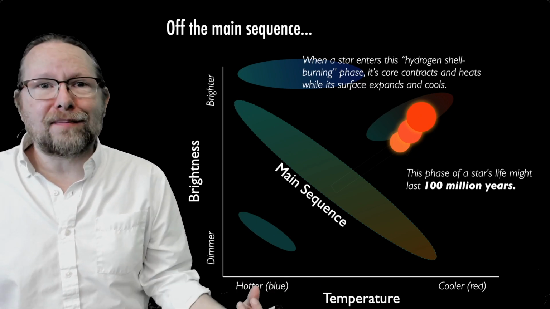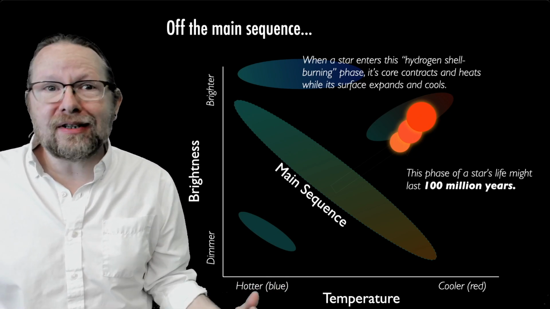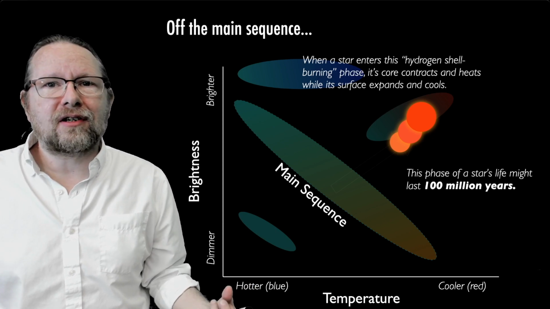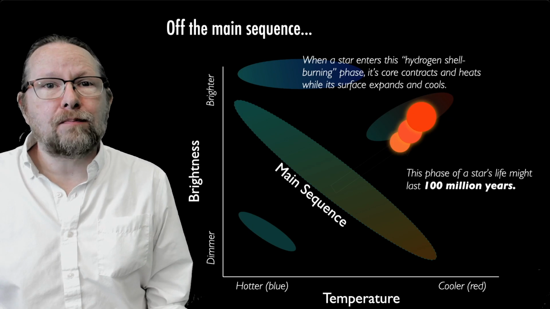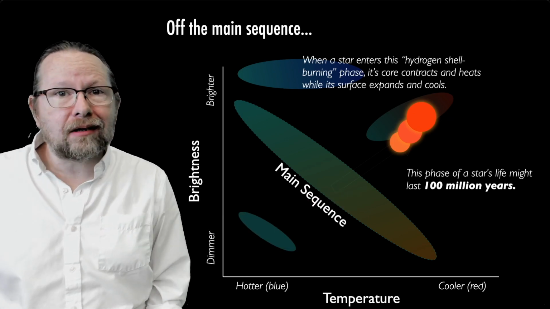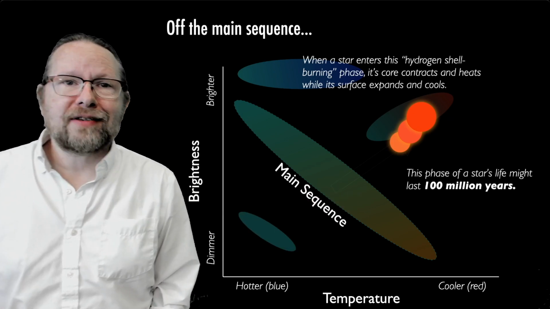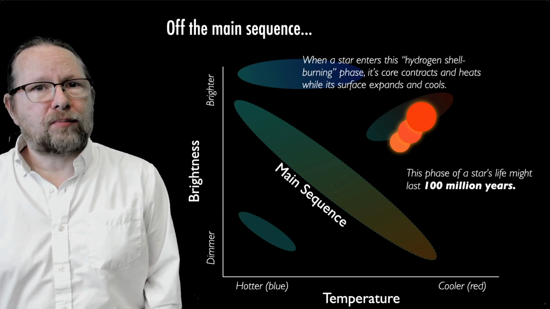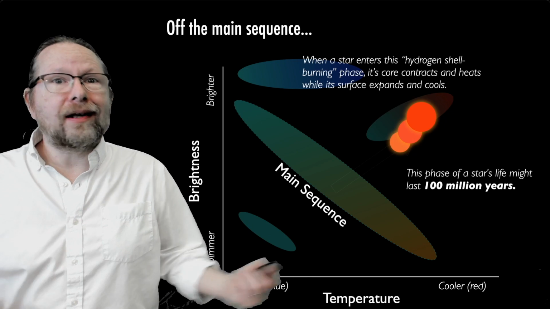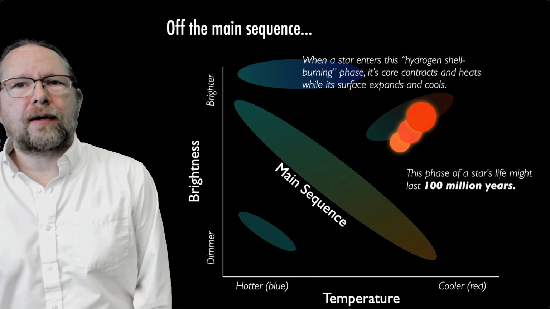In another 5 billion years, this will happen. That's 10 billion years before the sun starts to enter its old age, which is sort of what we're talking about here. Well, 10 billion years compared to 100 million, it's like 1 year compared to 100 years, right? This is a very short process in the grand scope of the life of a star.